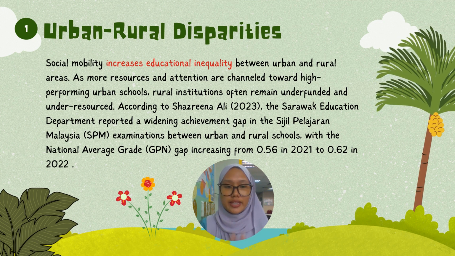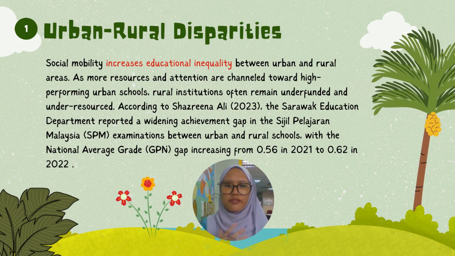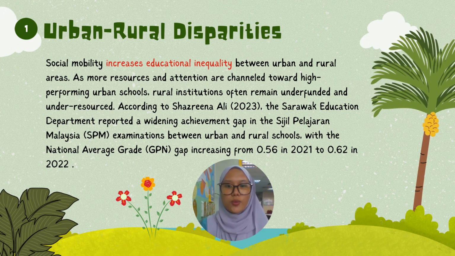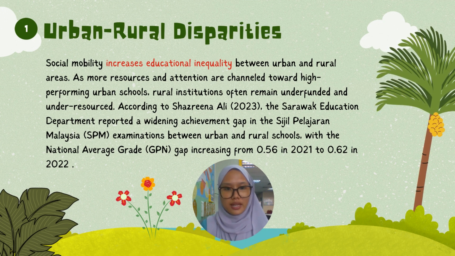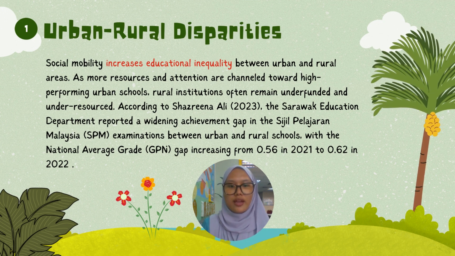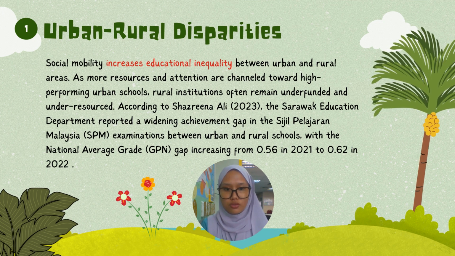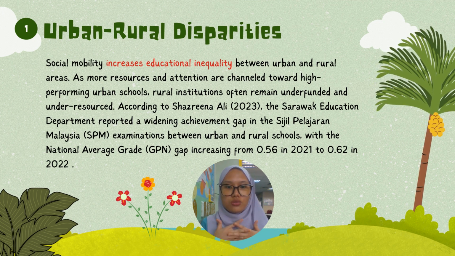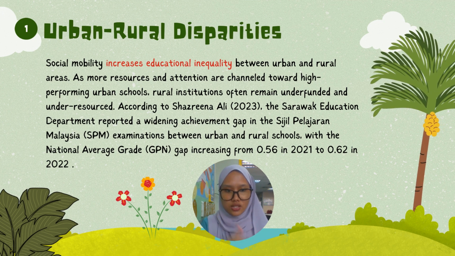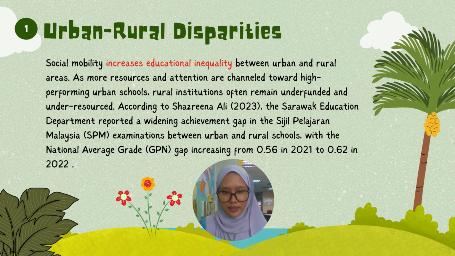This has unintentionally created a self-reinforcing cycle where rural students remain at a disadvantage and have fewer opportunities for social advancement, contrary to the very purpose of education as a social equalizer.